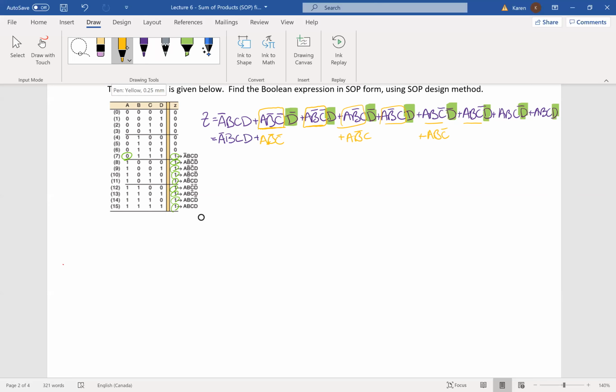And what is similar here is A, B, C. And those can all be multiplied. Those are all factored out, and when they factor out, you're left with D inverted or D.